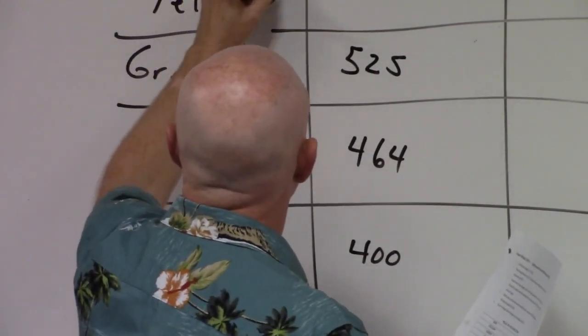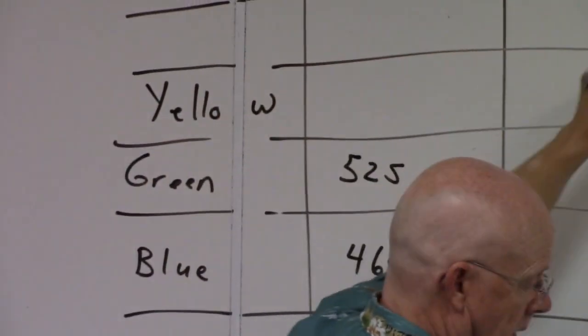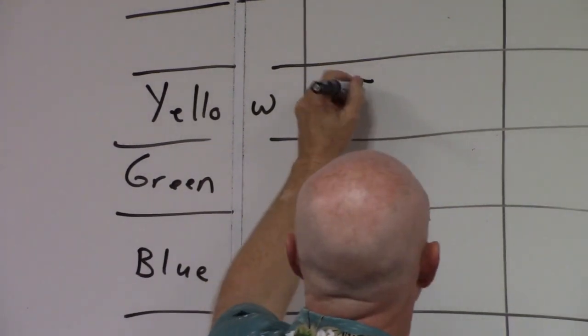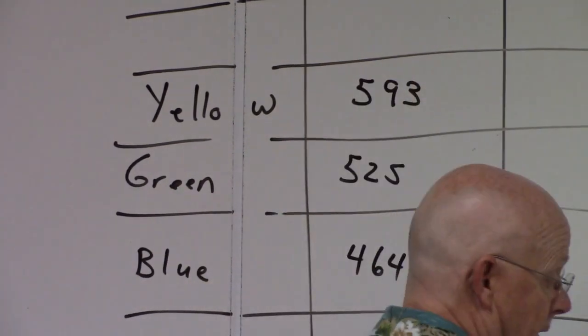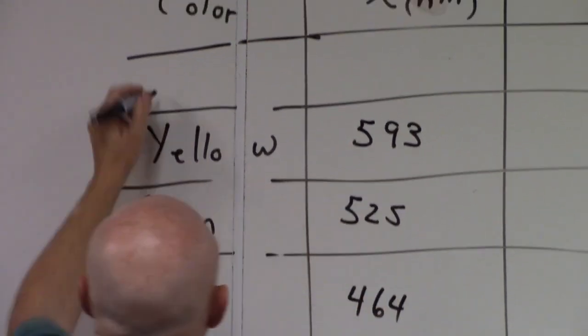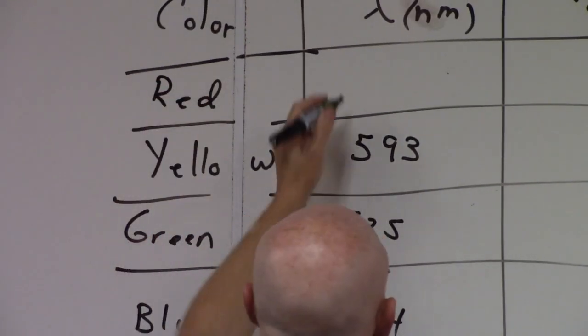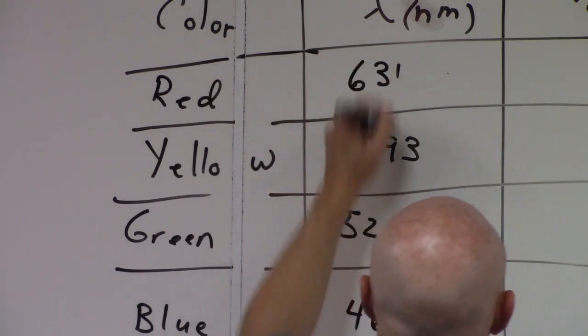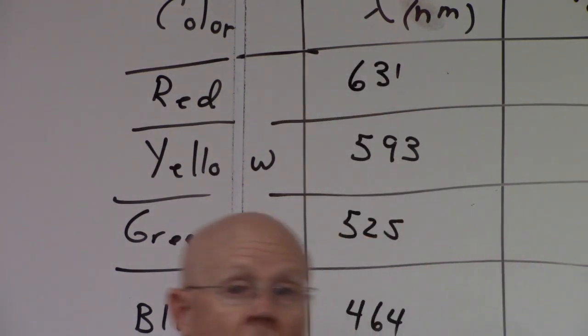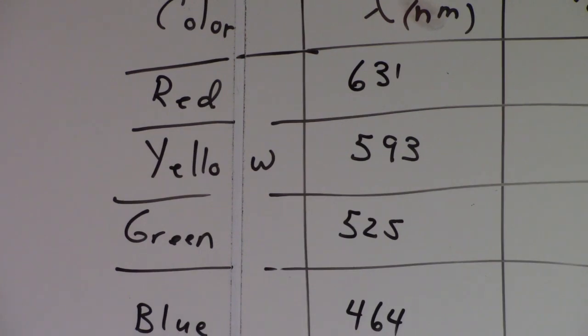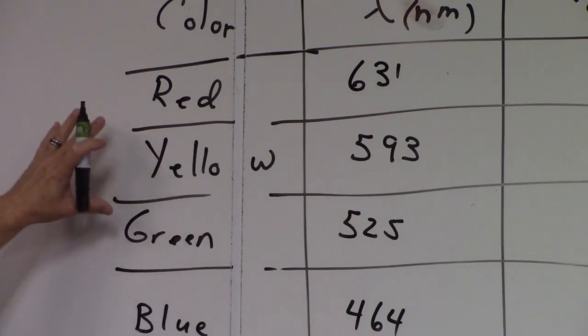Then we'll do the yellow, which has a wavelength of about 593 nanometers. And finally, our fifth one will be our red one at 631.